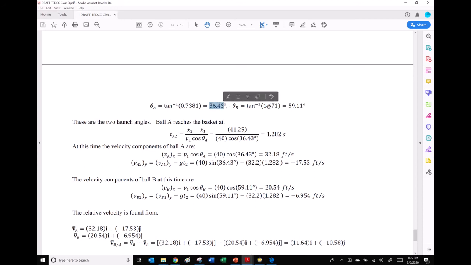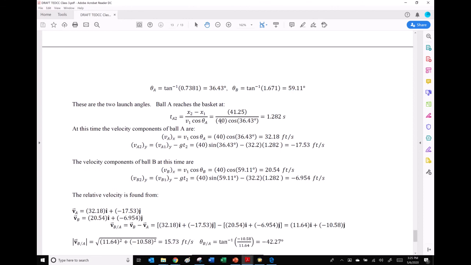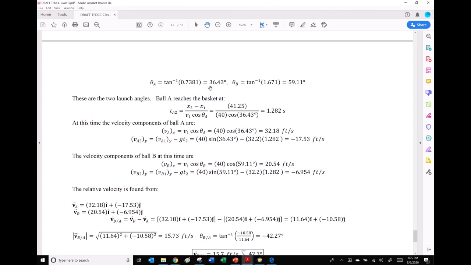The other is like shooting out a big rainbow, right? One is more like you're throwing more directly towards the basket, and the other is you're throwing up this big arc. They both are going to reach the basket with that same initial velocity, but the one with the smaller angle is going to reach it first.